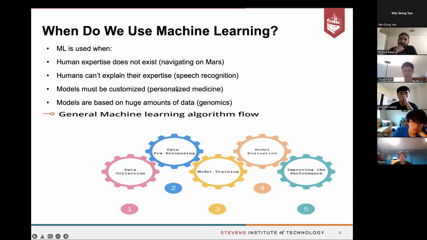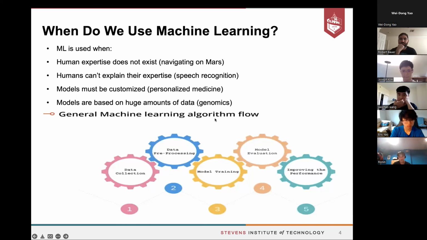Then personalized medicine, where patients are correctly diagnosed with some treatment, or we see how it is influencing them. The next example is genomics, where genomic data science is also a big industry where we tend to find patterns in the genomes of the data.